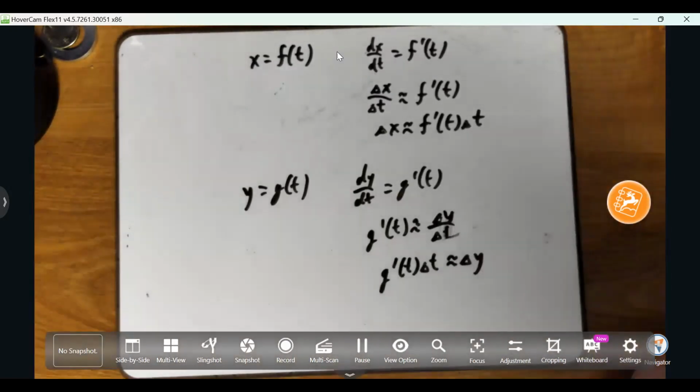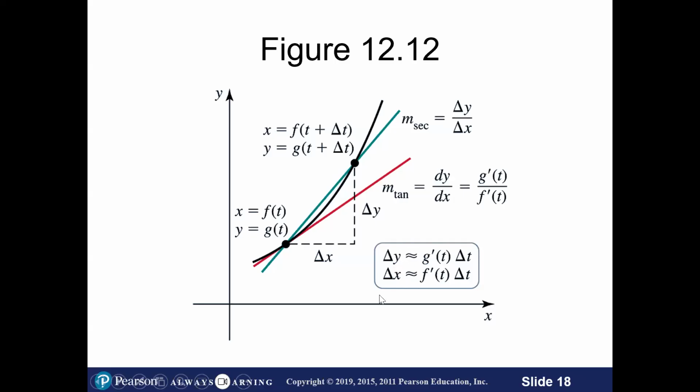So we can use that here to say that delta y and delta x are approximately g prime of t delta t and f prime of t delta t, respectively.